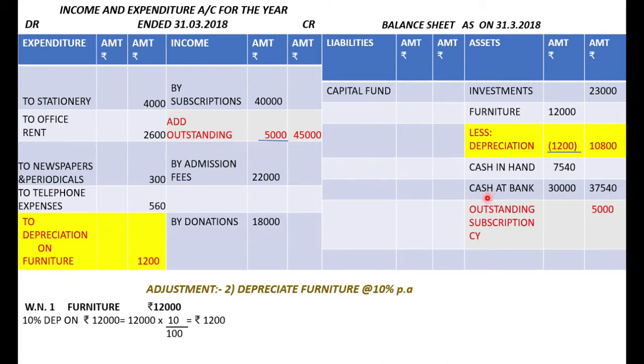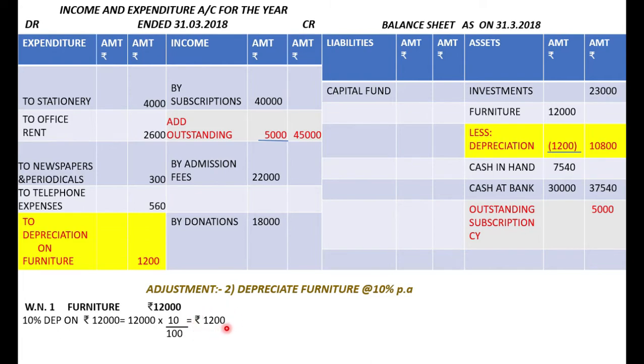Second adjustment, depreciate furniture at 10% per annum. Students, furniture is on the asset side of the balance sheet. Amount is 12,000. So first on this 12,000, we will calculate 10%. See the working note number 1. 10% depreciation on rupees 12,000 will be 12,000 multiplied by 10 divided by 100, which gives you rupees 1,200.